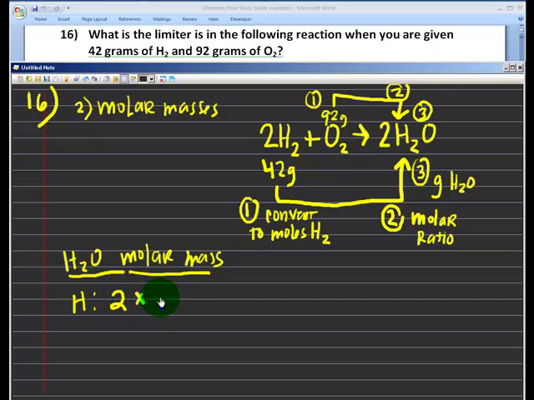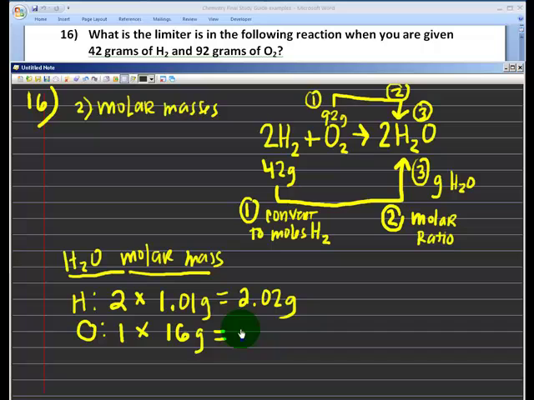I multiply that by the molar mass on your periodic table for hydrogen, which is 1.01 grams, and that equals 2.02 grams. Now I look at oxygen. How many oxygens do you have in water? I have 1 oxygen. You multiply that by the molar mass on the periodic table, which is 16 grams. So you do 1 times 16, 16 grams. I add these 2 numbers together, and I get 18.02 grams.